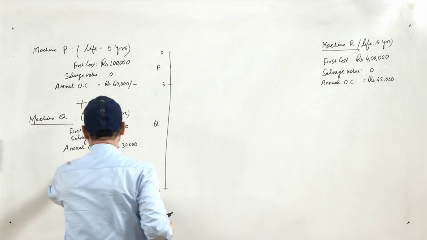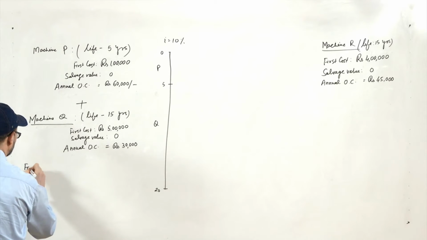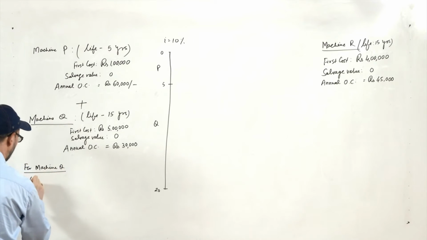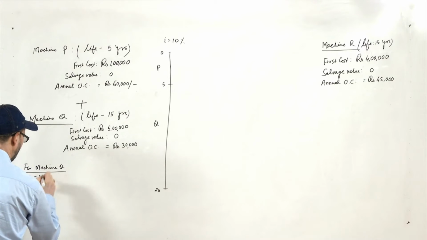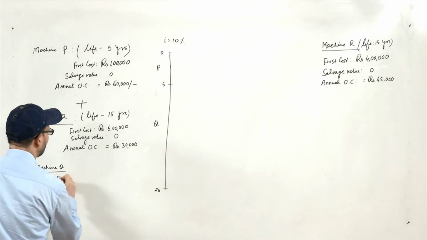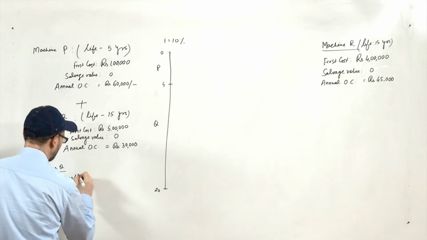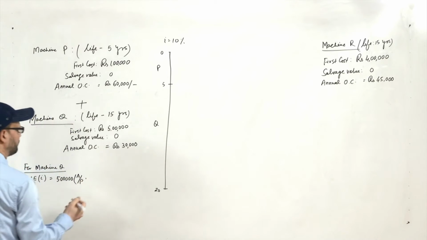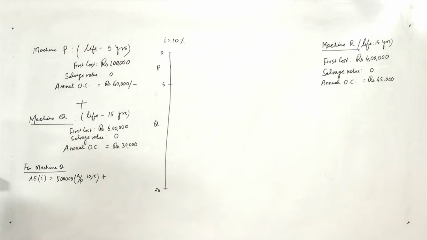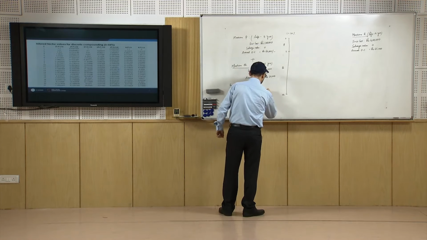So, if you find the annual equivalent for machine Q, it will be 5 lakh multiplied by A by P, i, 15, plus it has two components, one is capital recovery with return part, plus you have annual operating cost, which is given as 30,000.